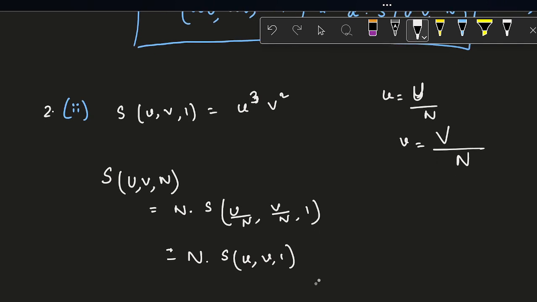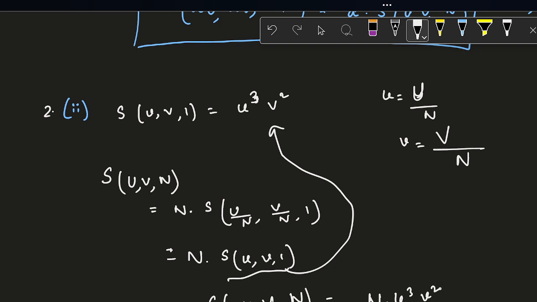So you see that here, if this value is already given to you as u cube times v squared, then total S of capital U, capital V and capital N as a function is equal to capital N times u cube v squared. Okay, so if you simplify, you put small u as U by N, whole cube, then small v as V by N, its whole square.